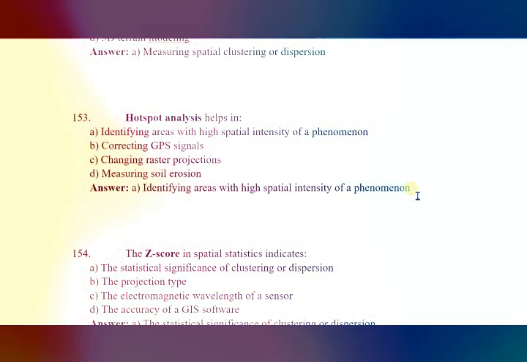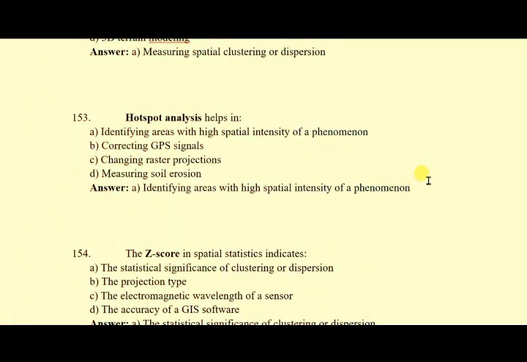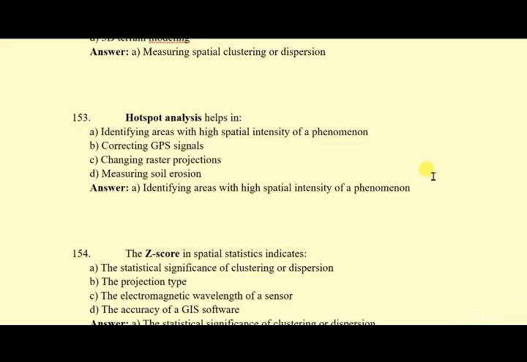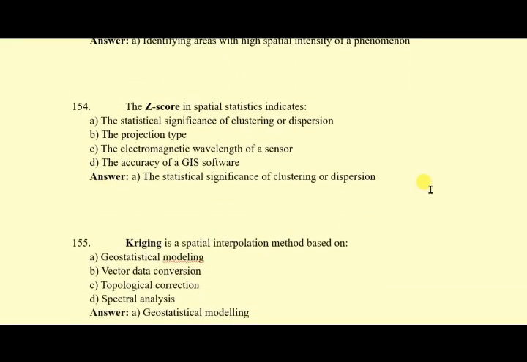153. Hotspot analysis helps in identifying areas with high spatial intensity of a phenomenon, correcting GPS signals, changing raster projections, measuring soil erosion. Here the right answer is identifying areas with high spatial intensity of a phenomenon. 154.